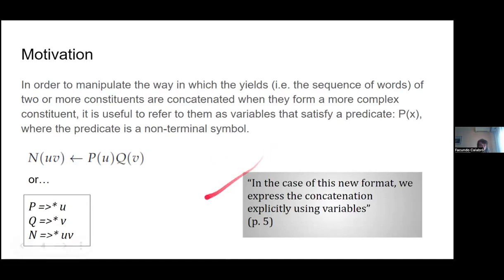So basically, when we say this, we are saying that this string can be derived from the non-terminal symbol through the application of one or more production rules. This is what this means. So in other words, this notation enables us to manipulate the way strings are concatenated in a more explicit way.